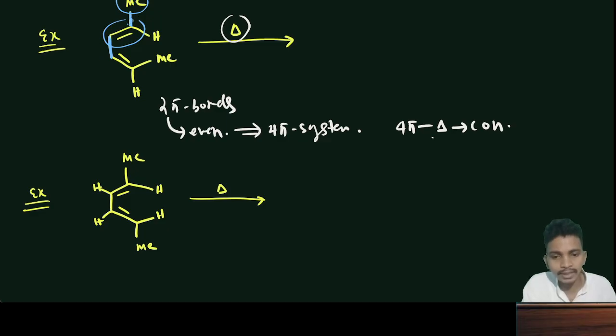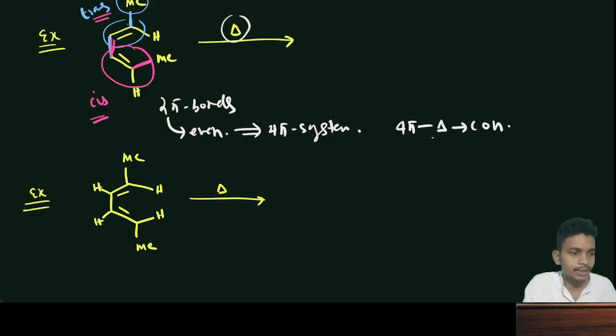So the above one is trans, and for this other double bond, this and this are cis. So the first double bond is trans and the second double bond is cis.